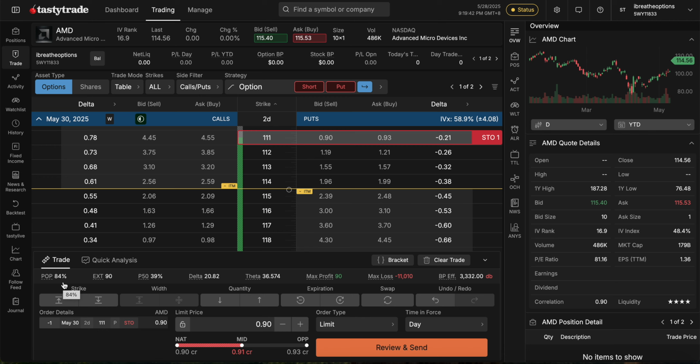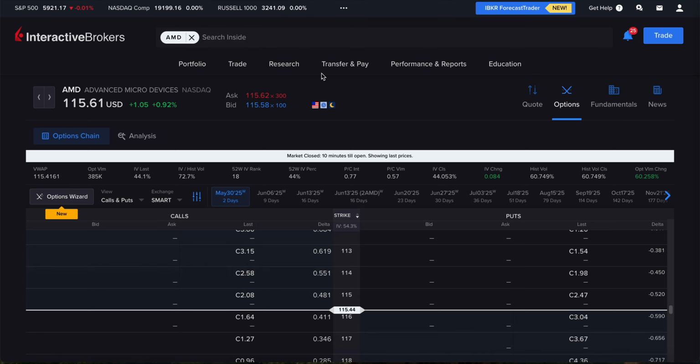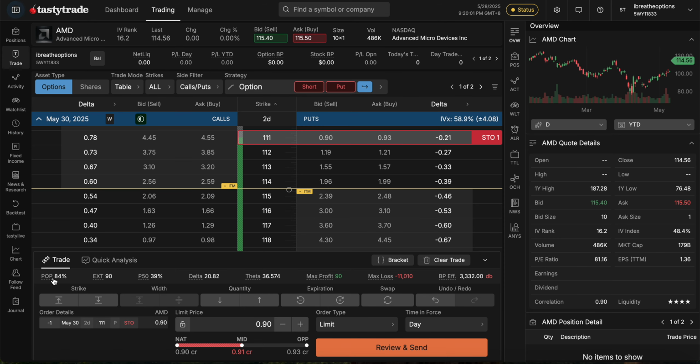So if you compare delta and probability of profit, delta is price sensitivity plus a rough in-the-money chance. While probability of profit is more stat based, the chance of finishing profitable. Both change with price, volatility, and time.